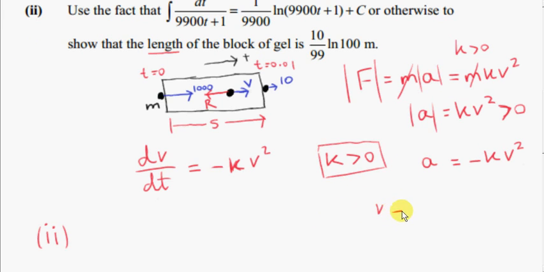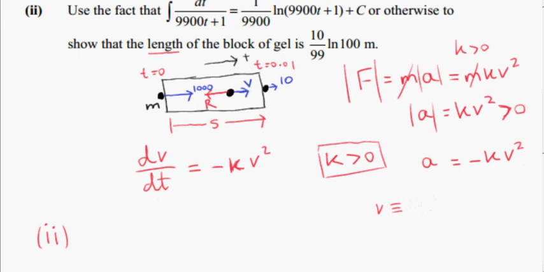We want to get v now not as a function of time but as a function of s, because we know that v is 10 at the distance that we are interested in finding. So we can set v equal to 10 and solve to find s.